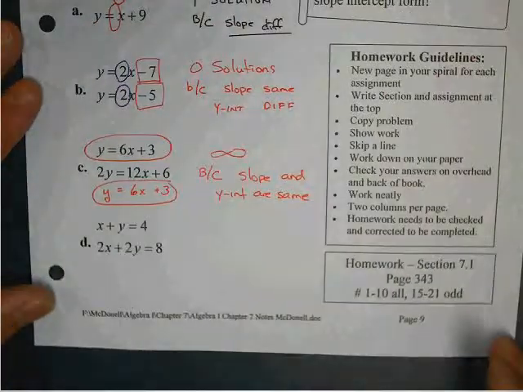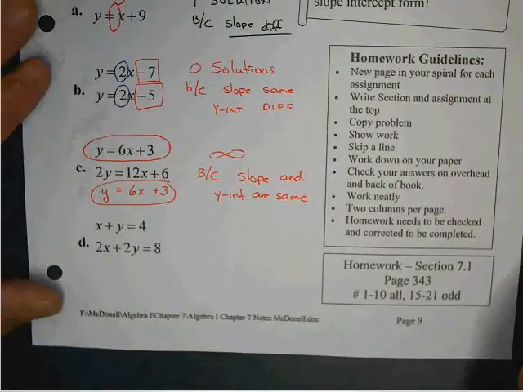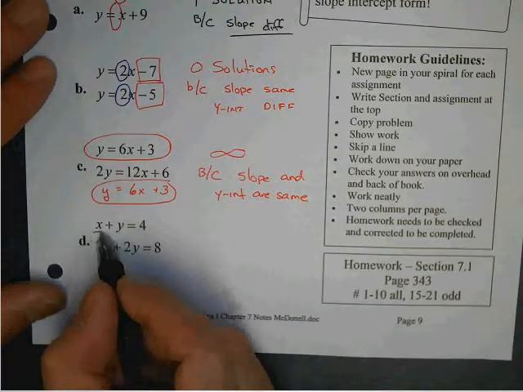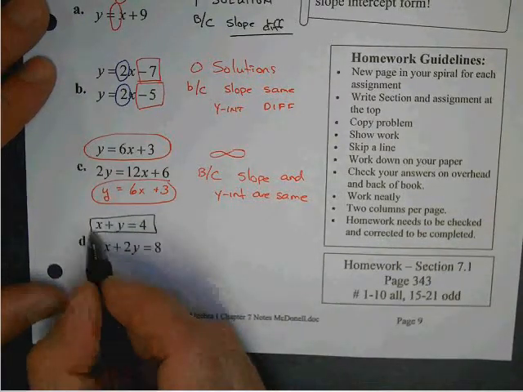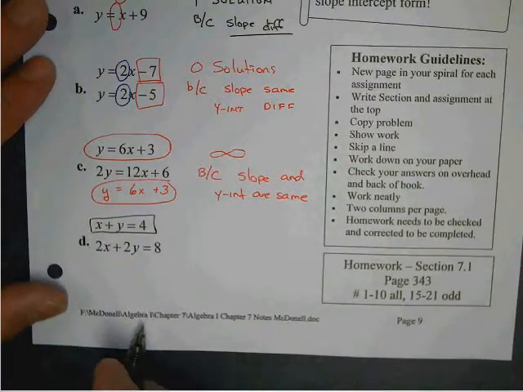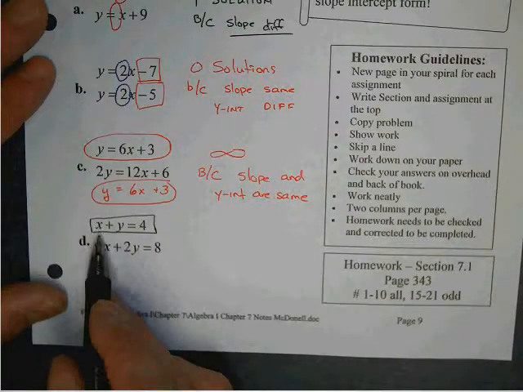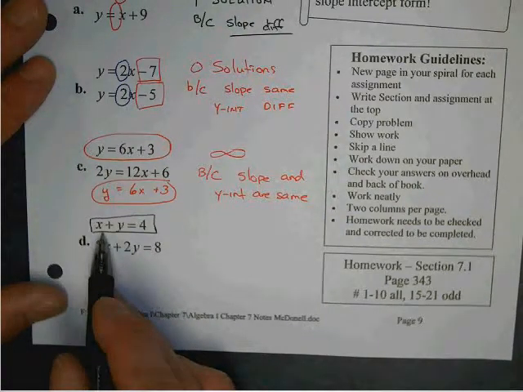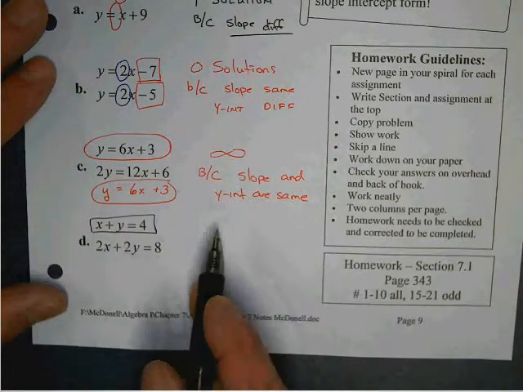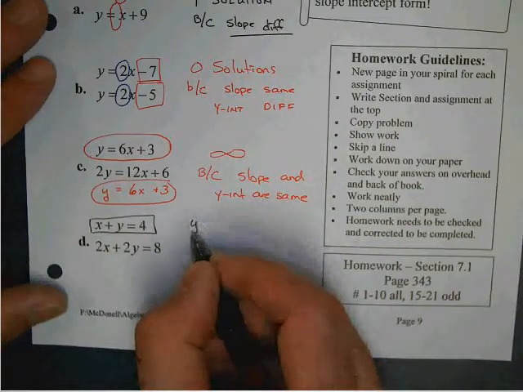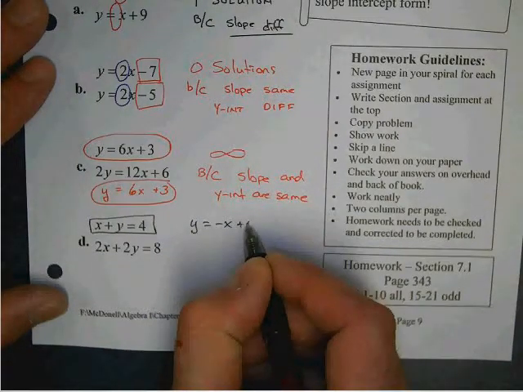All right, our last one. Can someone very easily help me solve this top equation for y? Did I ever teach you if something changes sides, it changes signs? Yeah. So if this x goes over to the other side, what does it become? A negative. Y equals negative x plus 4.